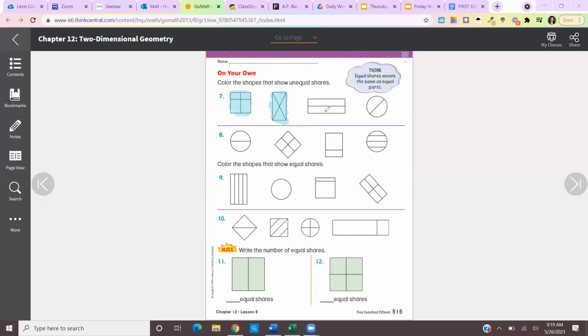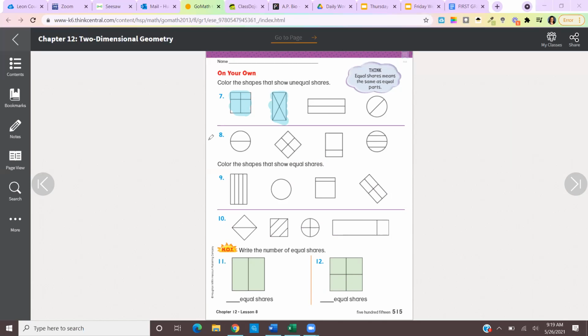Does it show unequal shares? No, those two rectangles are the same exact size. And let's look at our last shape, that circle on number 7. Does it show unequal shares? No, both of those parts of the circle are the same size.